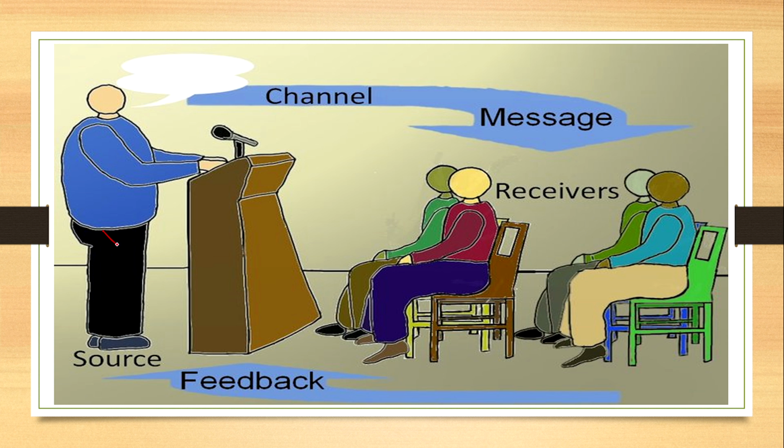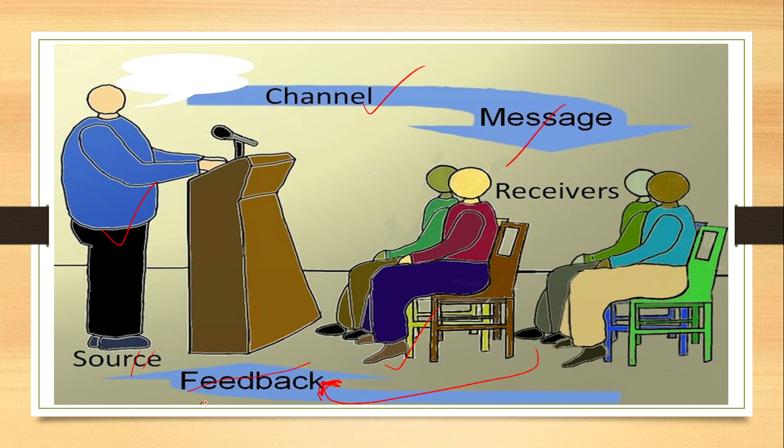Now you can see that this is the explanation that I am giving you. The teacher is same, channel is same, message is same, but receivers are receiving according to their own temperament, their own thinking level, thought level. So the source is same, but how can I understand whether you are getting it in a good way, negatively or positively? With your feedback.